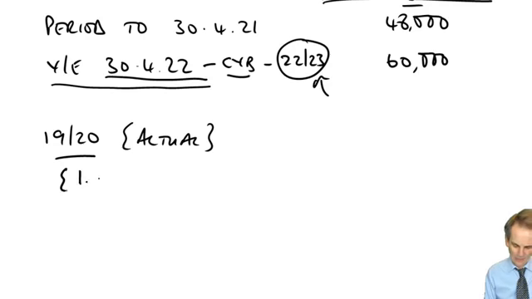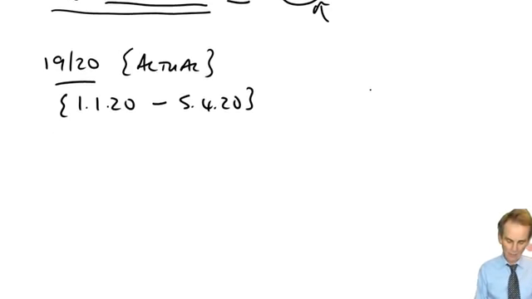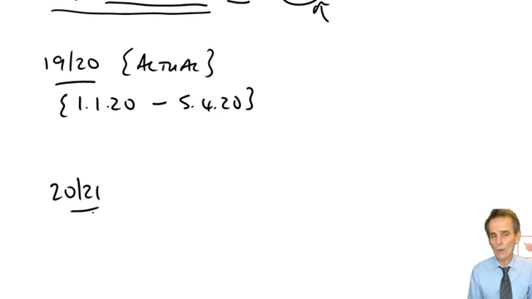You know what the period is, the basis period, 1/1/20 to the end of the tax year, 5/4/20 there. So all you've got to do is just work that figure. So work that assessment for me now. Pause if you need so to do. Get that in before we then proceed to move to the second tax year, 2021. And we should know what awaits us here, but we'll see that in a moment's time.